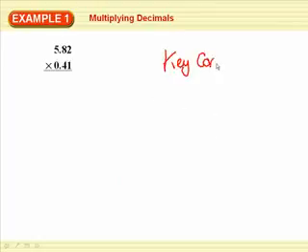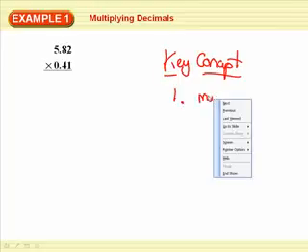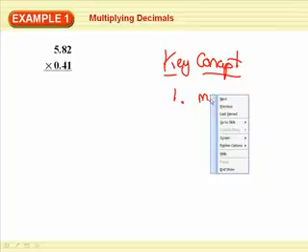Since we're writing out the key concepts, this is going to be the key concept for this unit. It's talking about how you multiply decimals. Again, I like steps. First, you multiply decimals just like you would any other whole numbers.